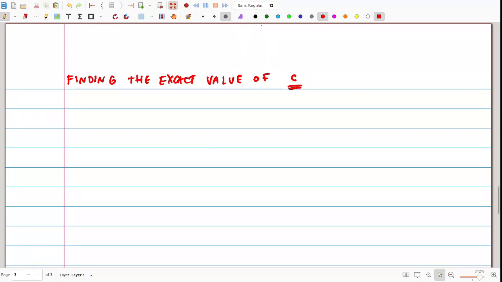Okay, so the idea is that we have two pieces of information. One is that n factorial is asymptotic to this constant C times the square root of n, to the power n divided by e to the n, and the other is the Wallis product, which is pi over 2.